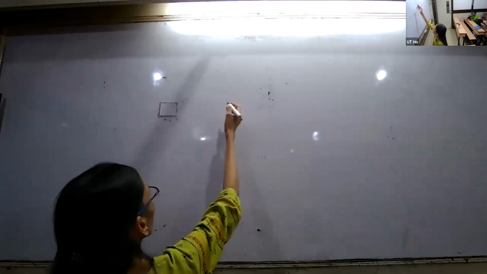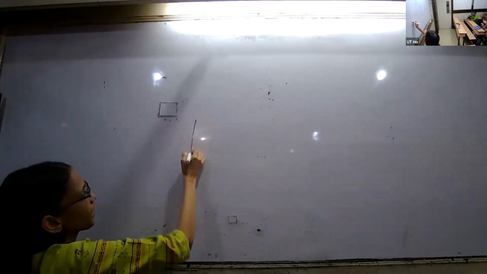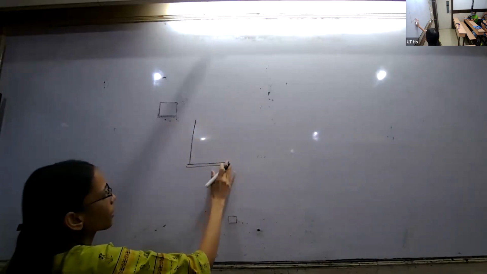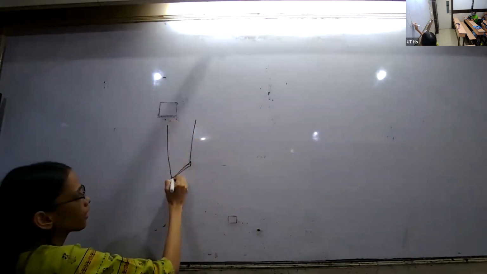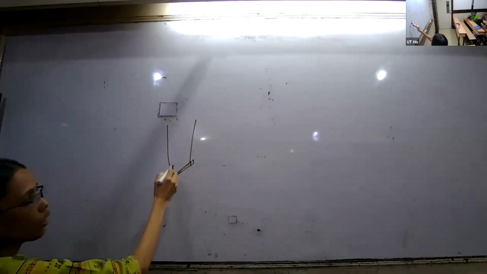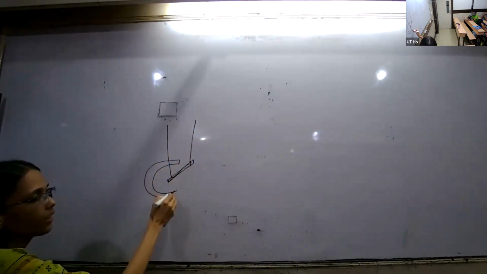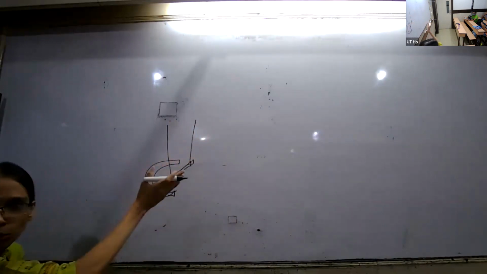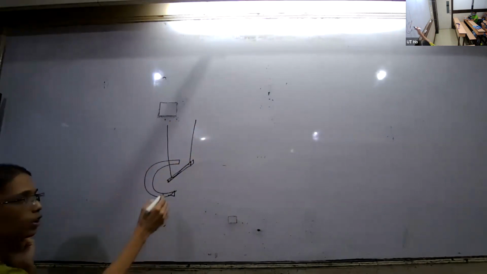So what you all use is Fleming's left hand rule, you know what it says, and I think in the very first class we saw that if any conductor has current passing through it and you are placing it in between some magnetic field, then this conductor is going to move, depending upon the direction of current.